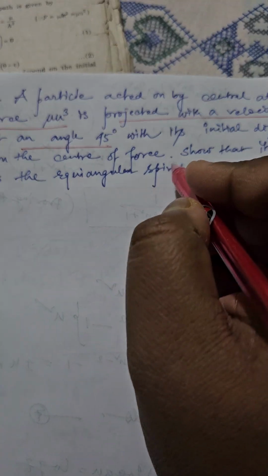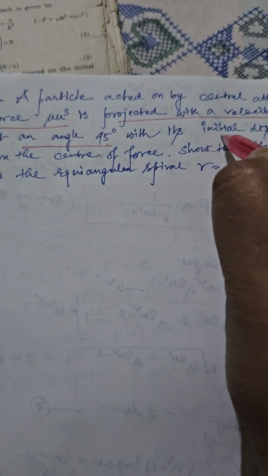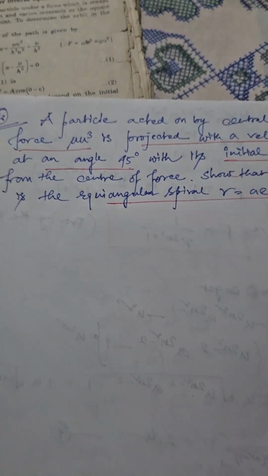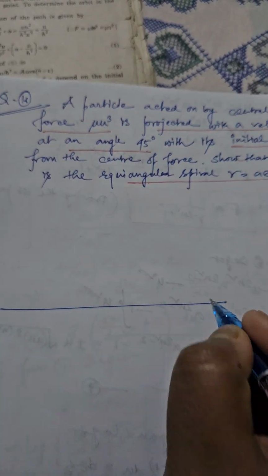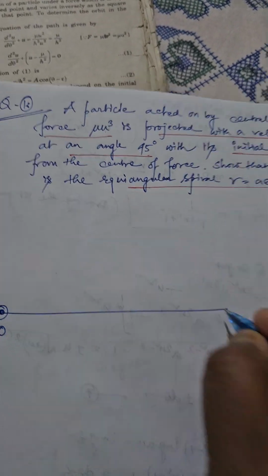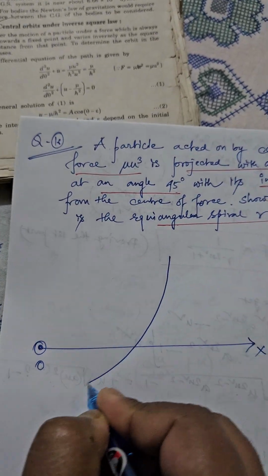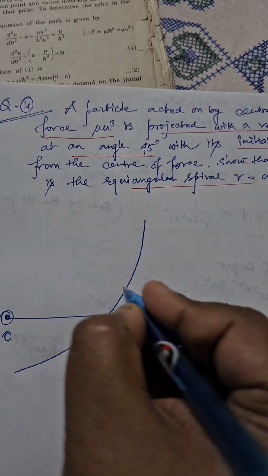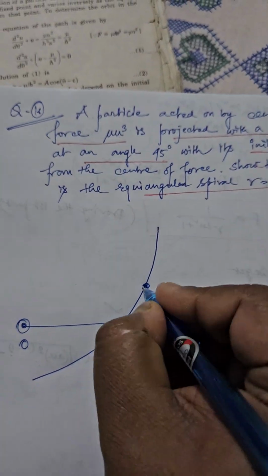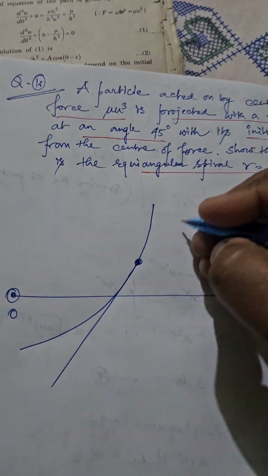Okay, and then under all these situations we have to consider that the equation of the orbit will be like this. Initial distance is a, already it is given in the question. So suppose this is the initial line, this is the curve, this is the position of the particle.